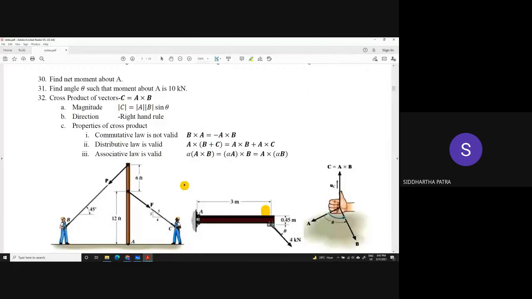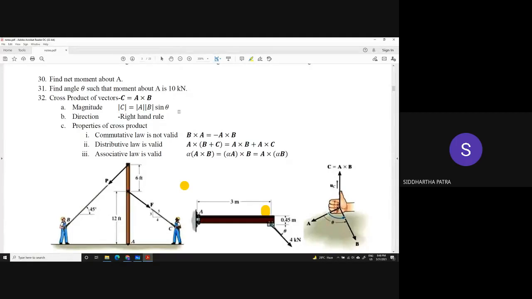So that's what we have here. C equals A cross B, and this statement is actually the definition. This is how you define the cross product. Every other property of cross product would simply come from this.